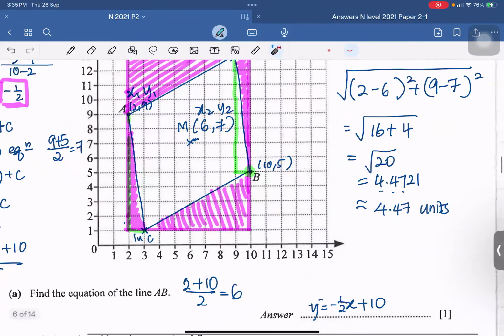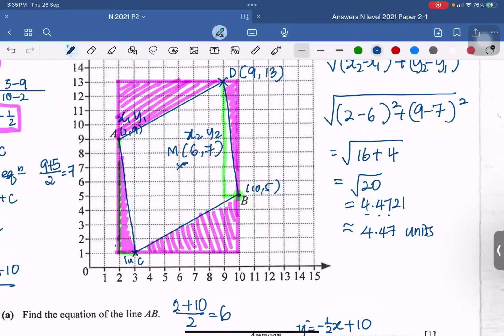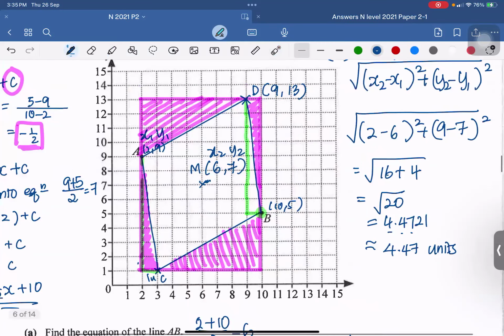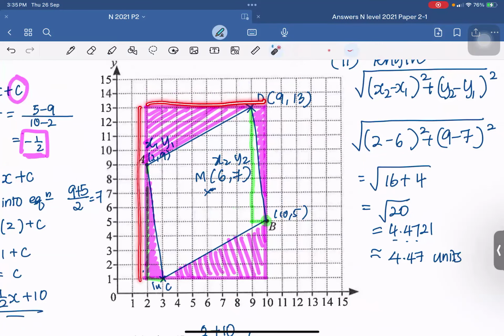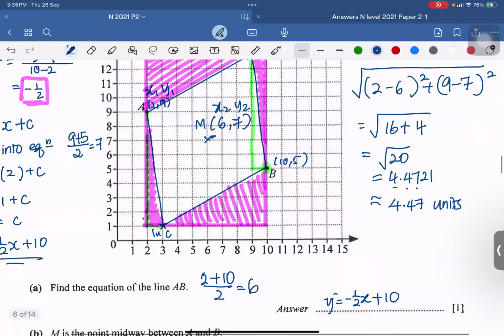So my area of my rectangle in this case is the length times my breadth. Okay, so I have 1, 2, 3, 4, 5, 6, 7, 8. 8 by 8 units by 1, 2, 3, 4, 5, 6, 7, 8, 9, 10, 11, 12. 8 by 12.